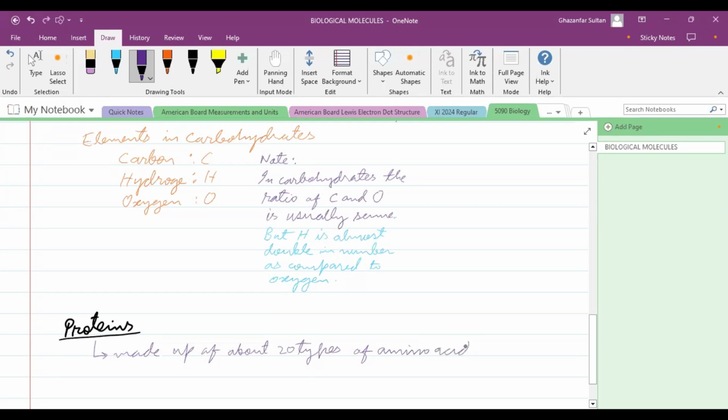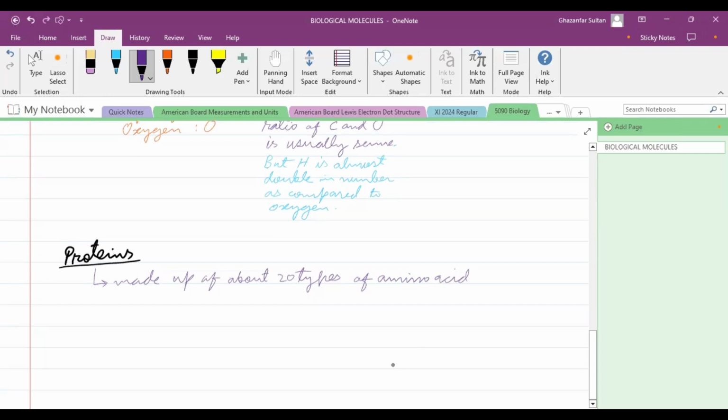Amino acid is a chemical terminology, and I'm not going into detail of the structure of the amino acid.